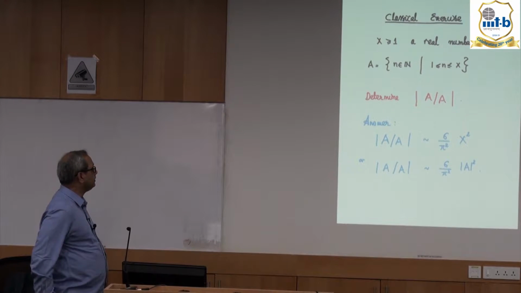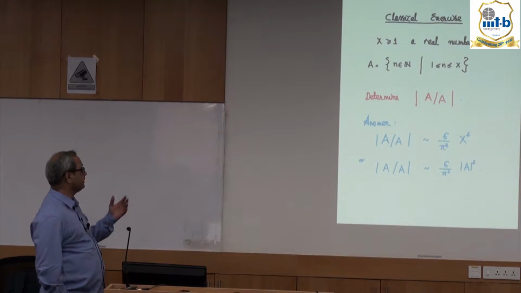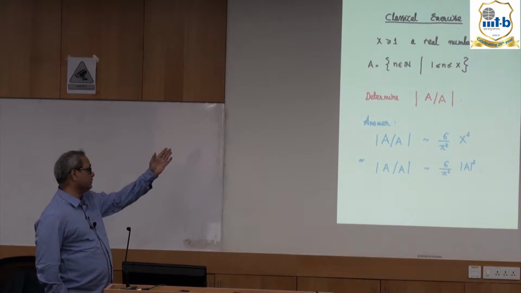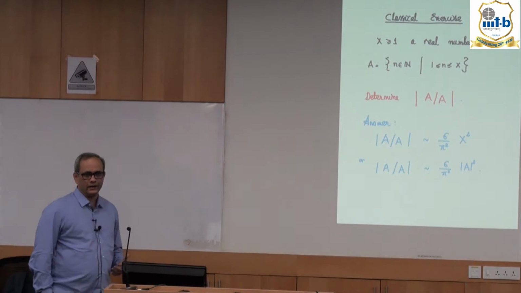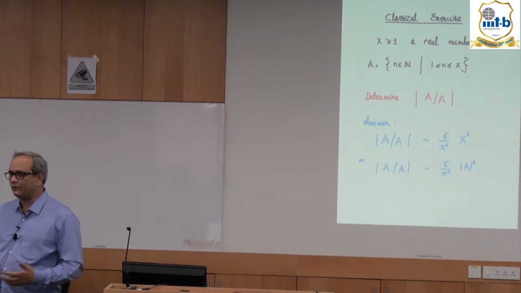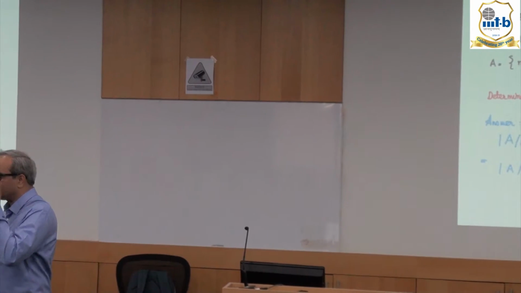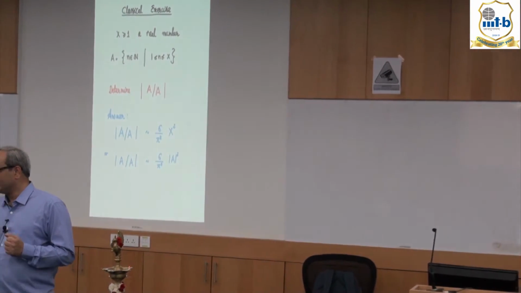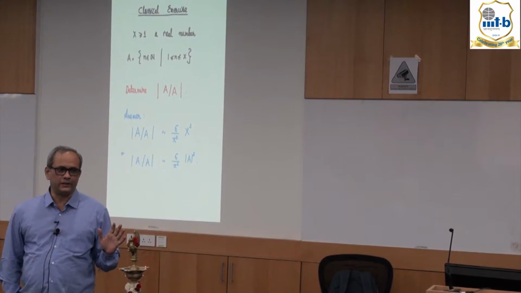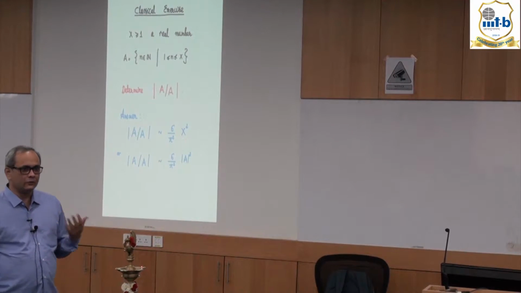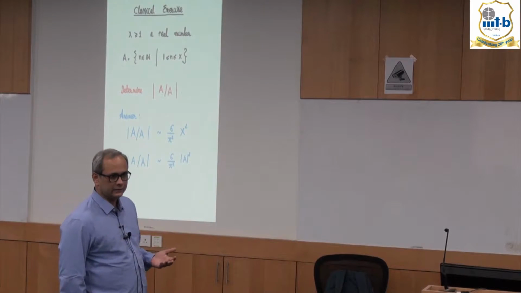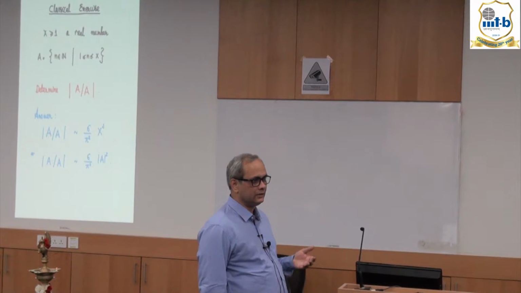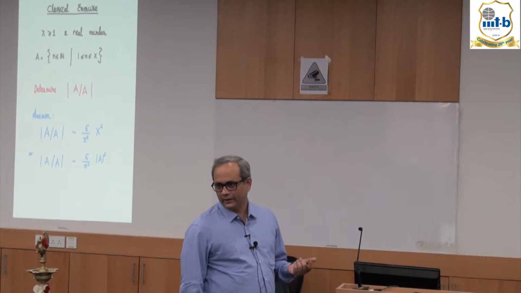If x is a real number greater than or equal to 1, and A is the set of integers between 1 and x, then what is the number of rational numbers which can be written as a ratio of two elements of A? That's a pretty simple question to ask.